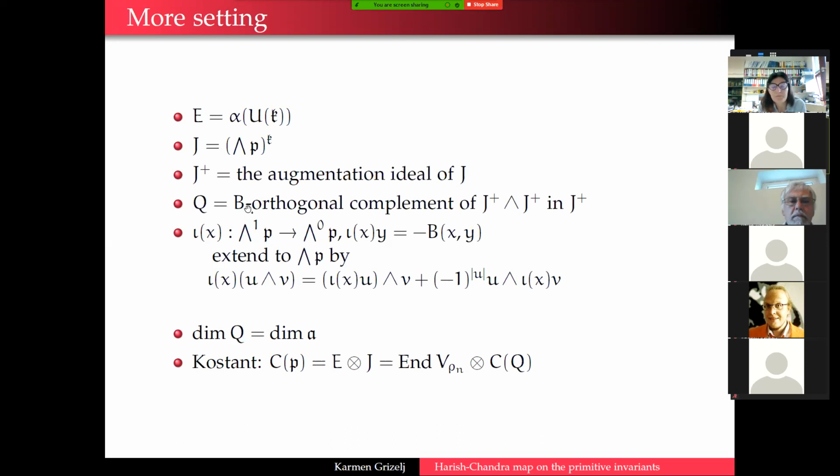And let's look at the orthogonal complement of the square of J plus in J plus. I will denote it by Q, and that's what I'll be calling the space of primitive invariants, and its elements primitive invariants.